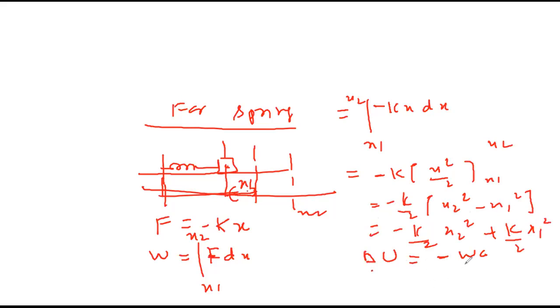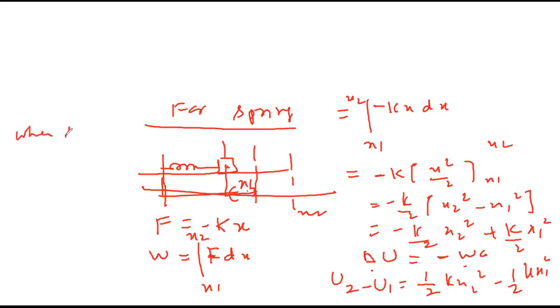Since change in potential is minus of the work done by the conservative force, U2 minus U1 will become, changing the sign throughout, half k x2 square minus half k x1 square.